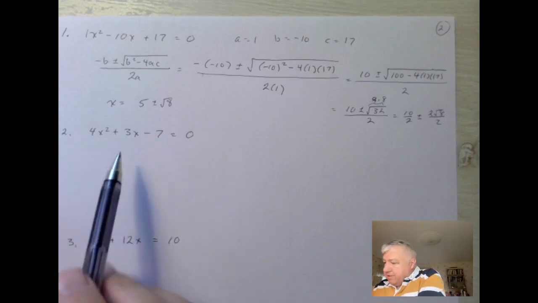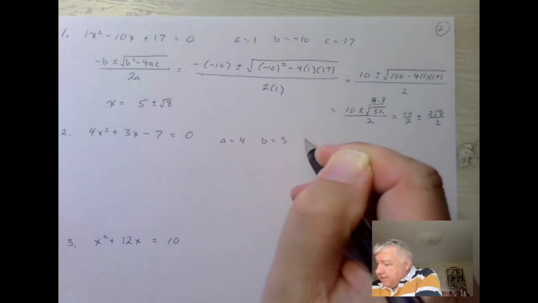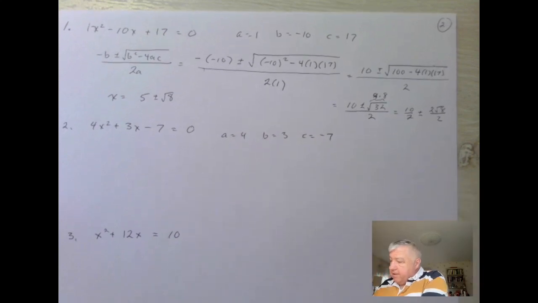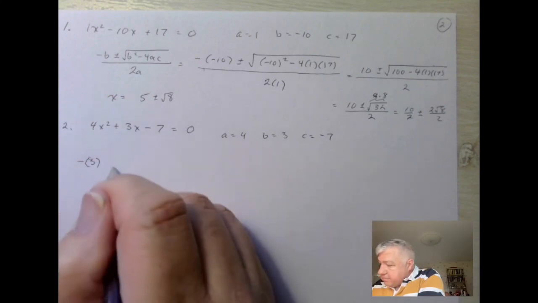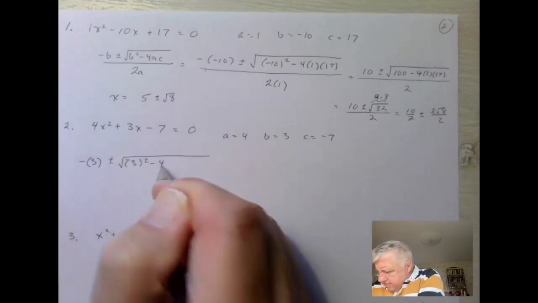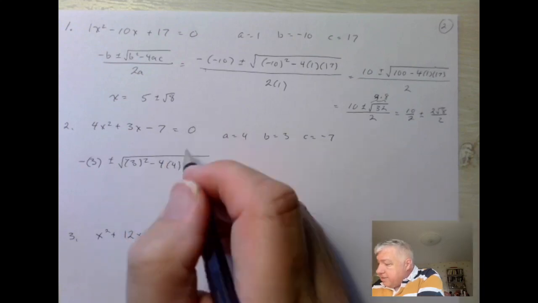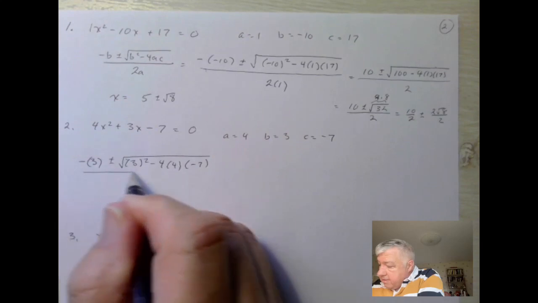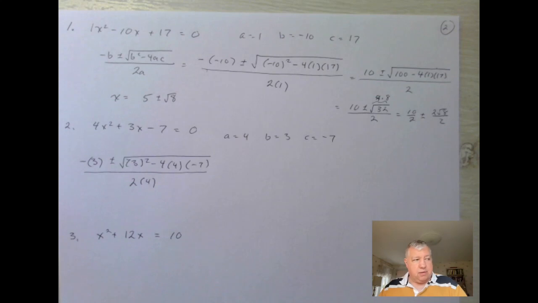All right, so in this next case, we have a is 4, b is 3, and c is negative 7. So once again, we'll use this expression, and we get minus b plus or minus the square root of b squared minus 4 times a times c, all over 2 times a. All right, so what will that be?